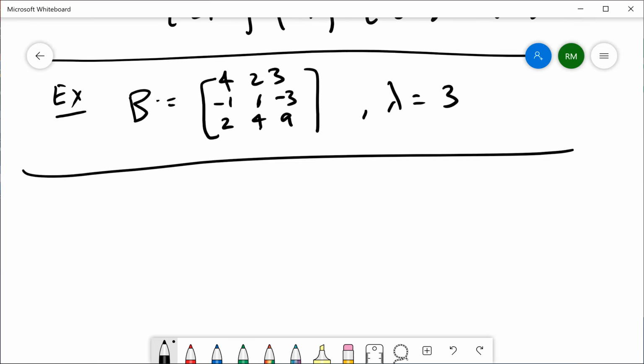Okay. So now we're going to see if we can find the eigenvalues for a matrix.